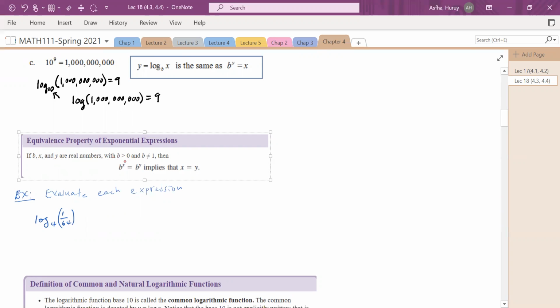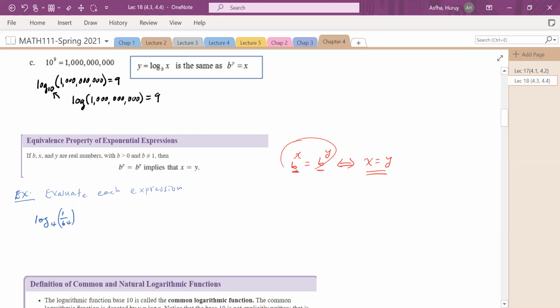We don't want b to equal 1 because that's not going to be an exponential anymore. So if we have b to the power of x equals b to the power of y, which means basically the same base, then that implies that x and y have to be the same. Otherwise, this cannot be equal.